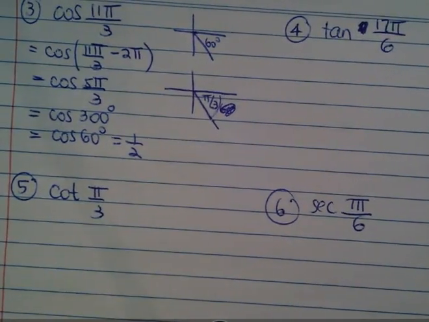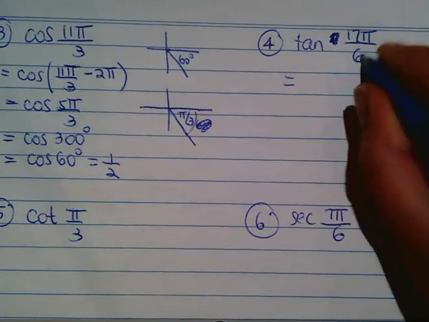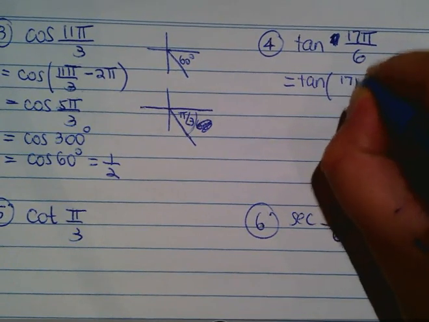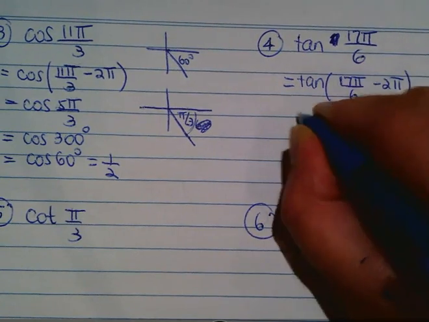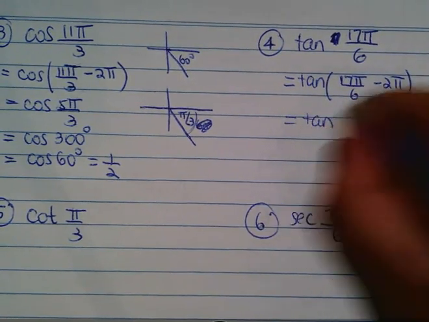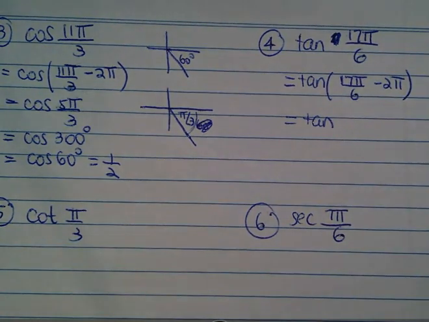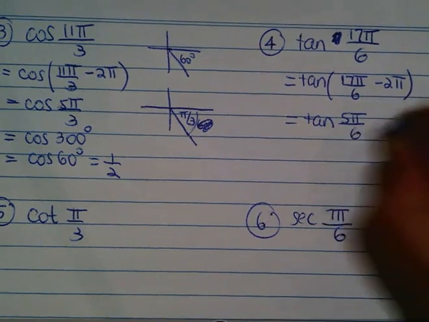Okay, the next one, same sort of thing, tan of 17 pi on 6. See, 2 pi is 12 pi on 6, so this is clearly bigger than 2 pi. So you need to subtract 2 pi from that angle. And then we have tan of 17 on 6 minus 2. You can just do that on your calculator if you want. Well, that's tan of 5 pi on 6.